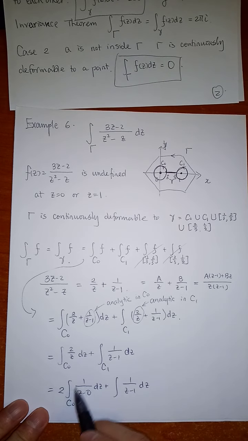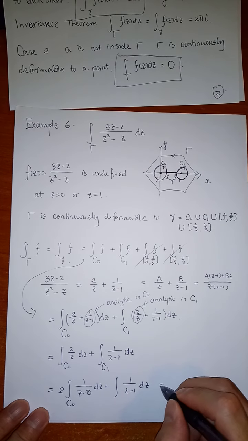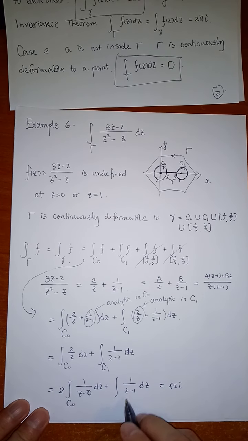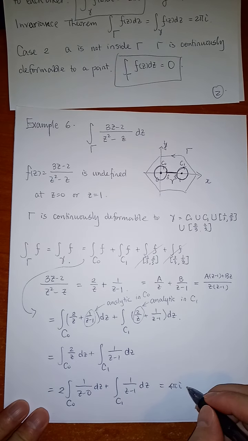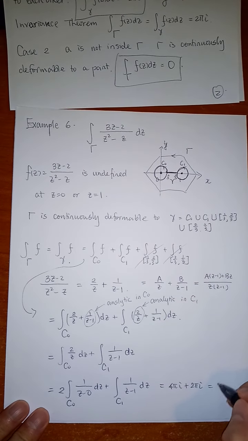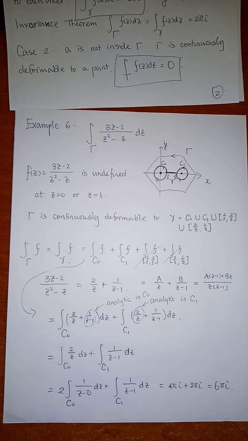This one contains the point 0 inside c0, so the integral is 2 pi i times 2, which is 4 pi i. Here, the 1 is inside c1, so the integral is 2 pi i. They're both counterclockwise, so the total answer is 6 pi i.